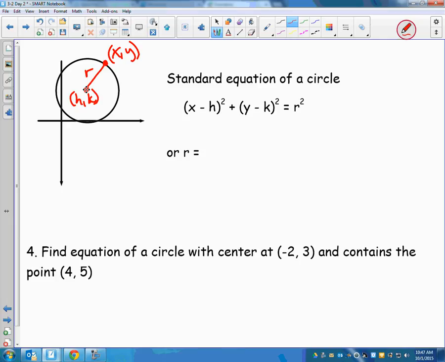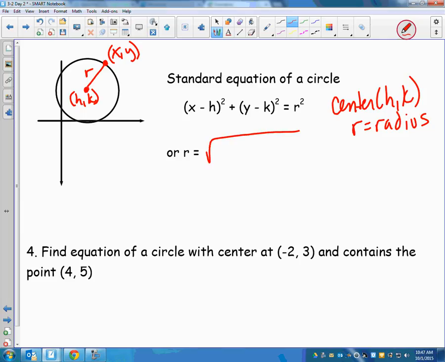You have to know that equation for our test and probably for the quiz. Where the center is at h, k and r equals your radius. You could solve that for r if you wanted by taking the square root of both sides.